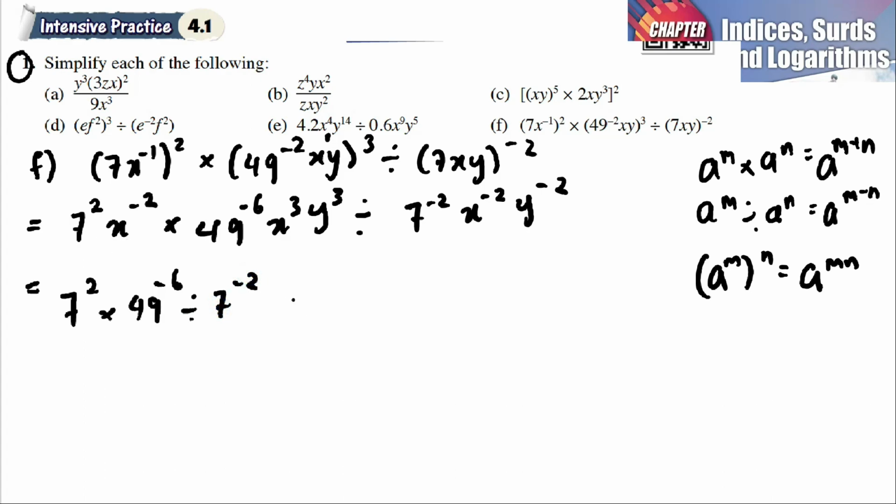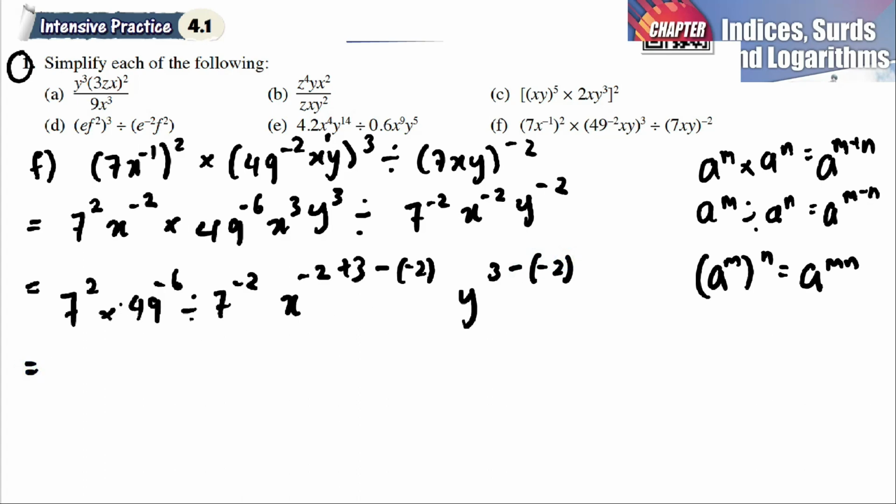Okay, for x, here we have x⁻² multiplied by x³, that means you have to add up their power, divided by x⁻², that means divide, you have to minus their power. And then here for y, we have y³ divided by y⁻², that means we have to minus negative 2.